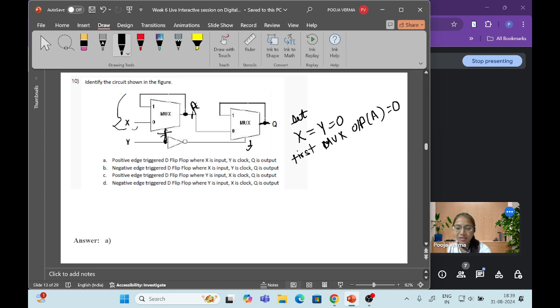Now if we change the clock to 1, that means Y is 1. Now the output A is 0 right now also, so it remains low, because in that case that 1 will pass to the output, so again it remains low when we change Y to 1. Now if Y is equal to 1, then A remains low, right?